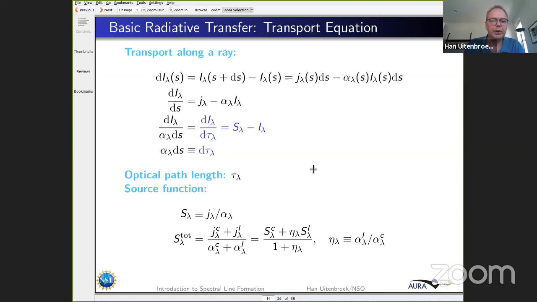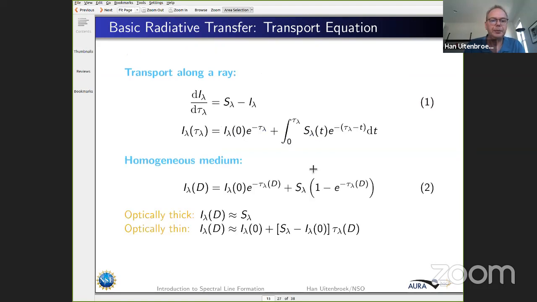Now, when we write the source function in this way, we can, with a simple transformation, rewrite this differential equation as an integral equation. You just apply the integrating factor e to the minus tau. You have probably all learned how to do this. You should try it yourself, and look it up if you don't know.